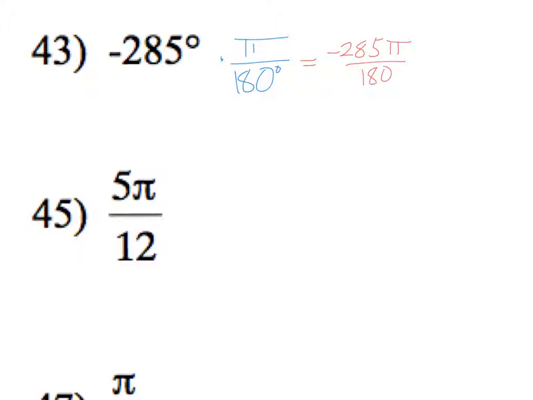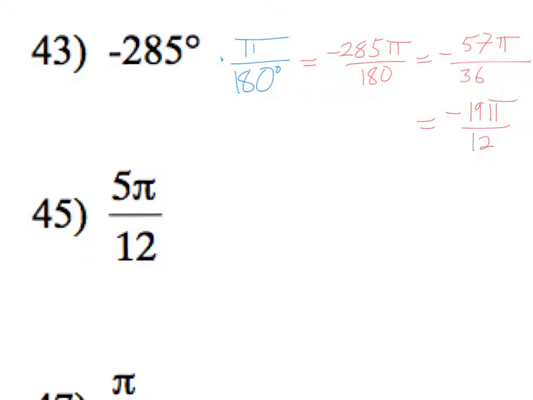I know that both of those are divisible by 5, and that gives me negative 57 pi on top, and on the bottom, 180 divided by 5 is 36. Those both happen to be divisible by 3, so I can reduce that further to get negative 19 pi and 12 on the bottom, and that's as far as I can go.